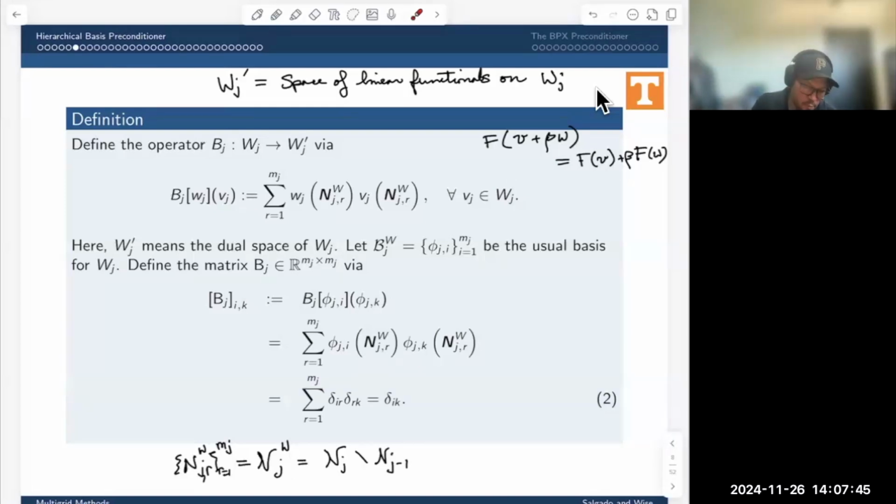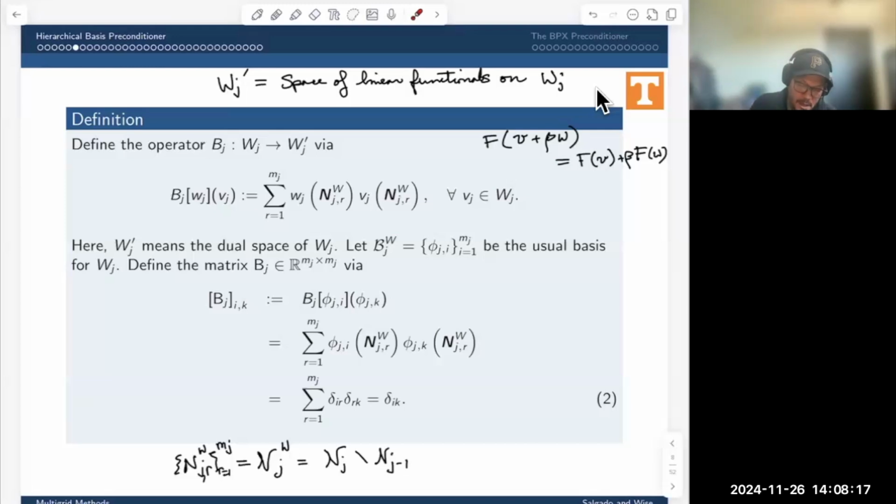Now, I don't like working with operators. And this course is called Multigrid Methods, a mostly matrix-based approach. My point of view is that working with these abstract objects can be kind of hard to deal with, but understanding what the underlying matrix for this linear operator is, is generally easier to deal with and work with.